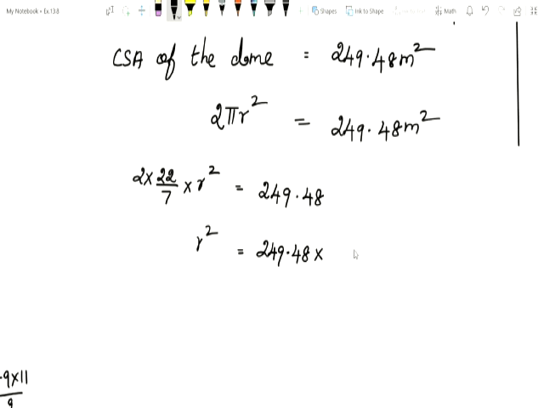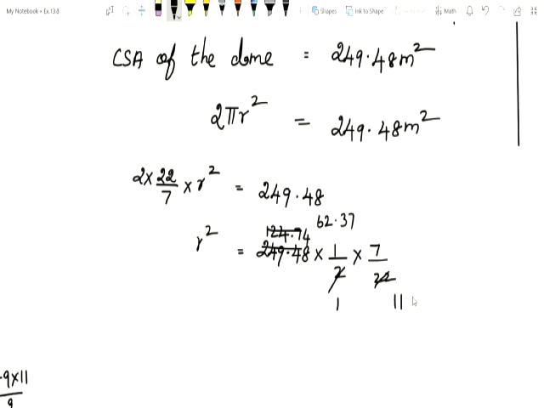So 2 will change to 1 by 2, 22 by 7 will change to 7 by 22. Now 2 ones are 2, 2 twos are 4, 4 twos are 8, 7 twos are 14, 4 twos are 8. Again divide by 2. 2 11s are 22, 6 twos are 12, 2 twos are 4, 3 twos are 6, 7 twos are 14.